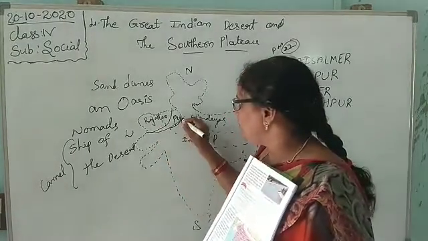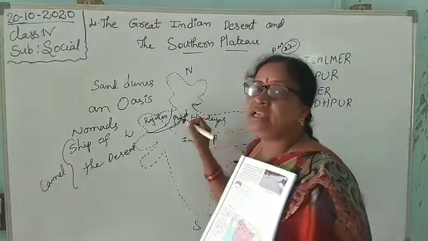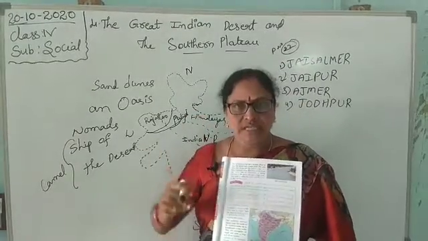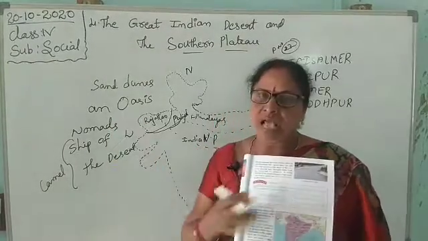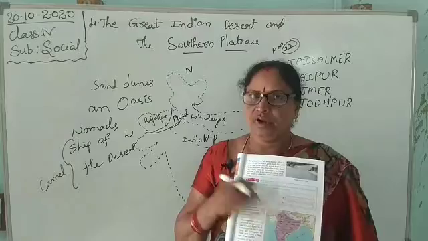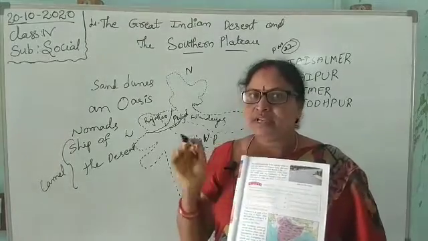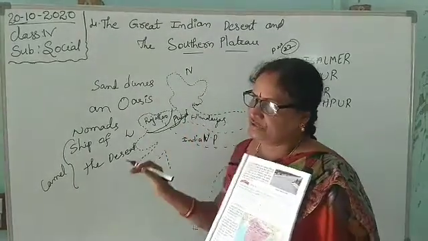From Punjab, the Sutlej river. From the Sutlej river, the canal has been built to supply the water to the Great Indian Desert.